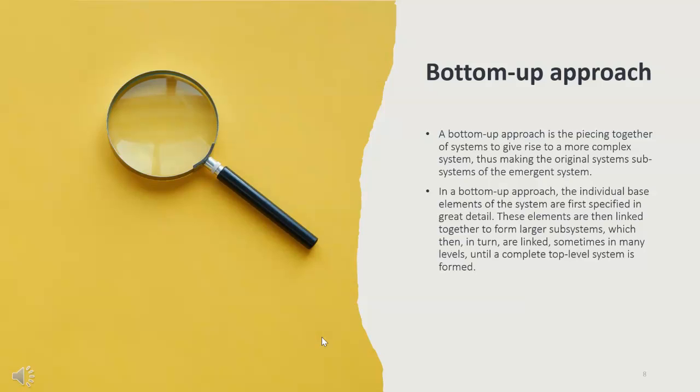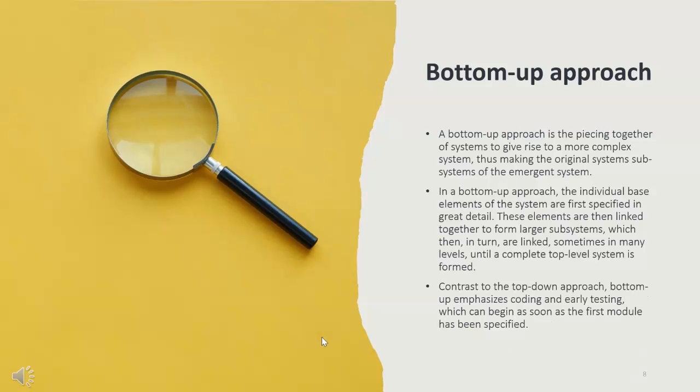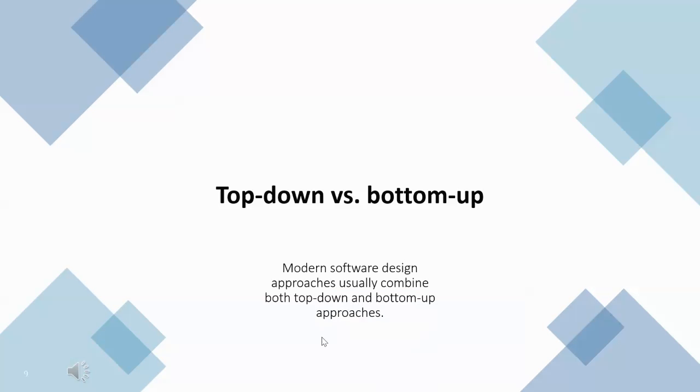These elements are then linked together to form larger subsystems, which then in turn are linked, sometimes in many levels, until a complete top-level system is formed. In contrast to the top-down approach, bottom-up emphasizes coding and early testing, which can begin as soon as the first module has been specified. Modern software design approaches usually combine both top-down and bottom-up approaches.